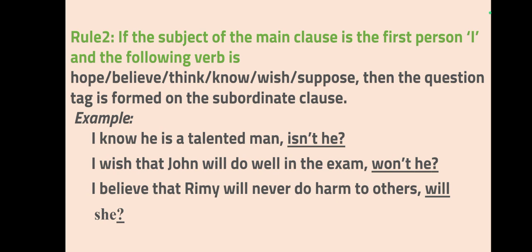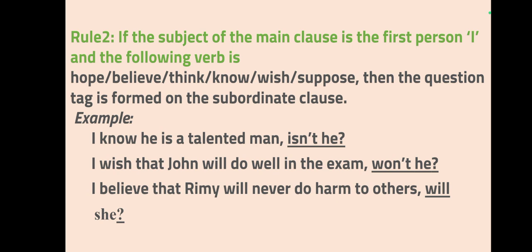Now, rule number two: if the subject of the main clause is the first person I and any of the following verbs is there, like hope or believe or think or know or wish or suppose, then the question tag is formed on the subordinate clause.